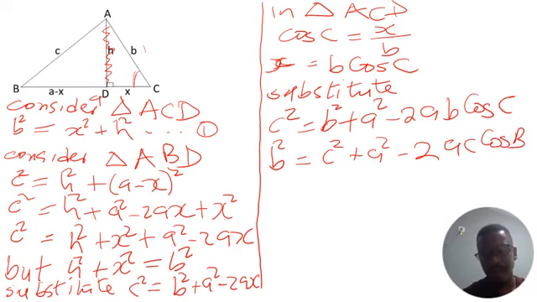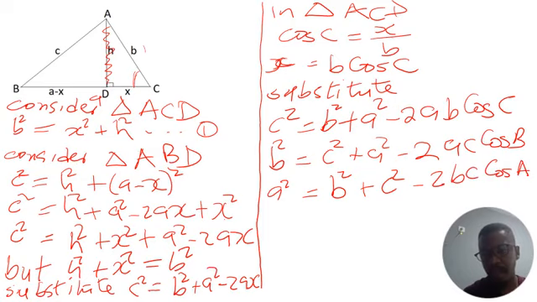The same if you want to find a: b squared plus c squared minus 2bc cos a. Those are the formulas, the cosine rules.